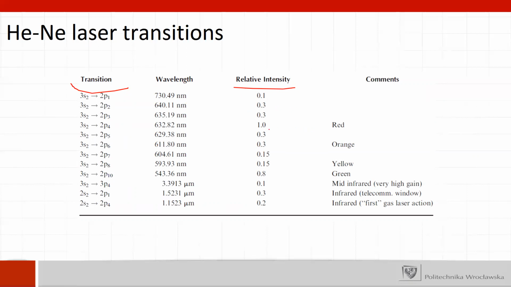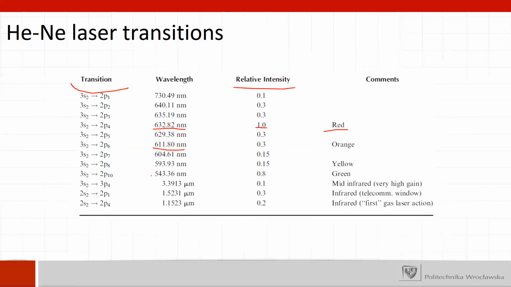These are relative intensities, normalized to the most powerful transition of 632.8 nanometers, which is just a typical red color generated from this helium neon laser. You can see this laser also in the laboratory. In the lab, we also have, as far as I remember, a yellow or orange laser, which is 611.